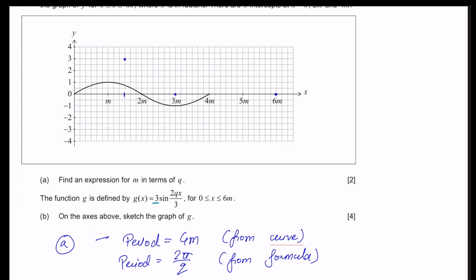Then 4.5, first, second, third. In this block you'll have minus 3. So the curve should look somewhat like this. And then we will connect it. So this should be your approximate curve g.